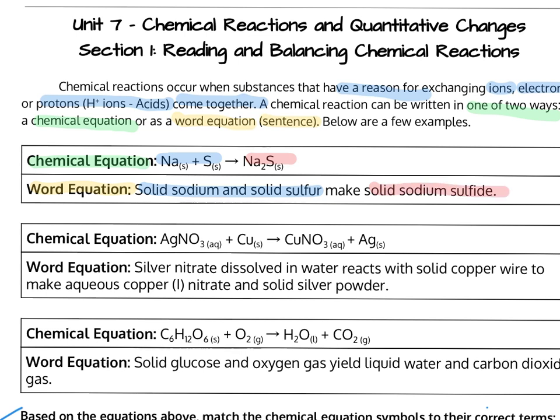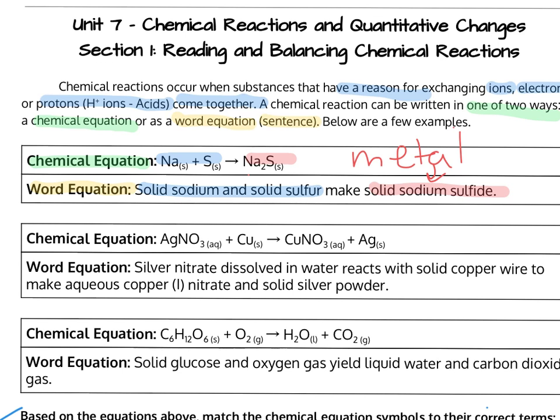So just a reminder on those rules, when you are naming ionic compounds, you always name the element first. So the element that came first was sodium. It is always going to be the metal that you write first. So that's why sodium is first.